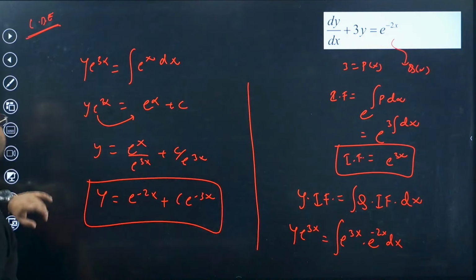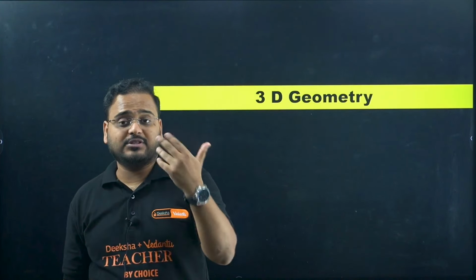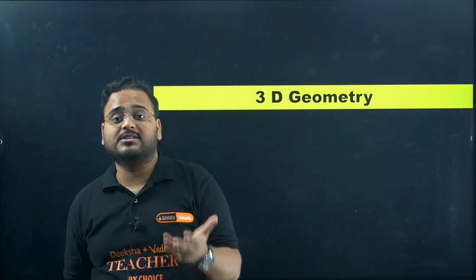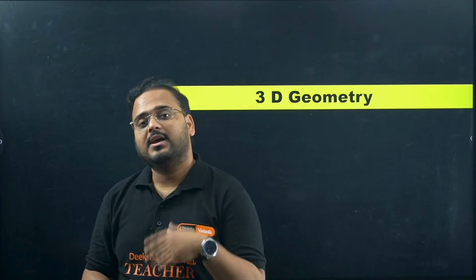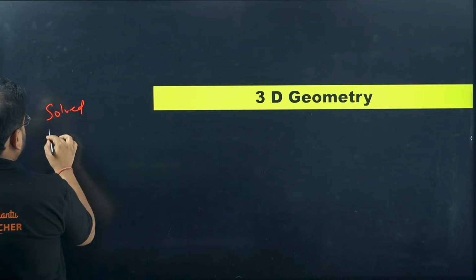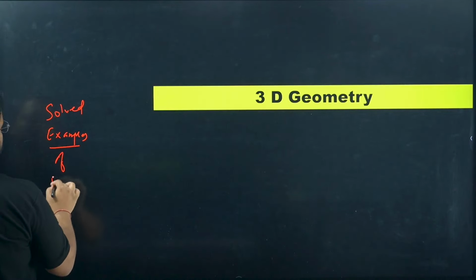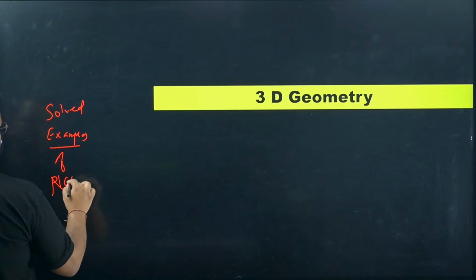Okay, great. Now the last part of your syllabus is going to be 3D geometry. Let's solve the questions over here, and then we can say our preparation for FA2 is complete. For these 4 chapters: integration, application of integrals, differential equations, and the last one, 3D geometry, do not forget to solve the solved examples of NCERT, of course.